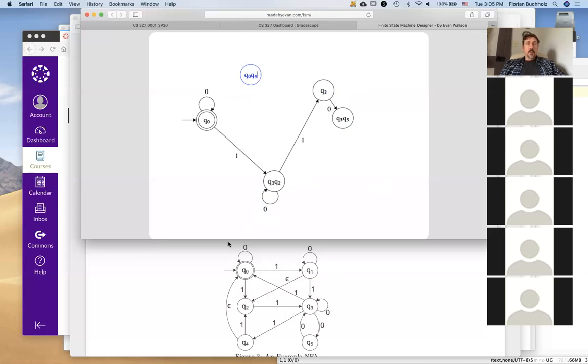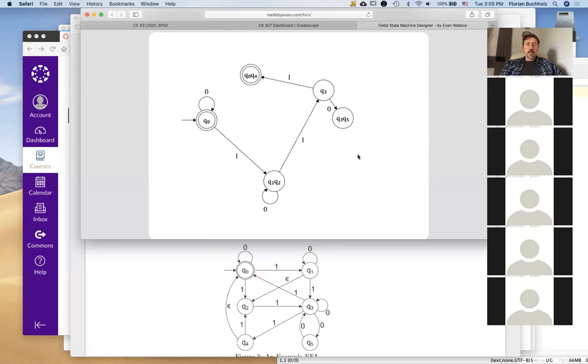And that will now be an accepting state because it contains Q0. And that is where we go on a 1. Oh, and that has an epsilon, but it goes to Q0. So we're still good with that.